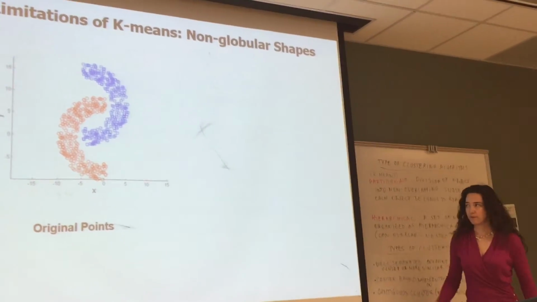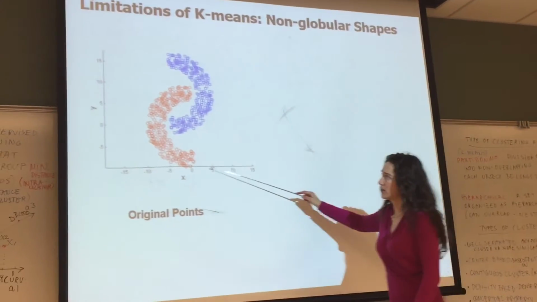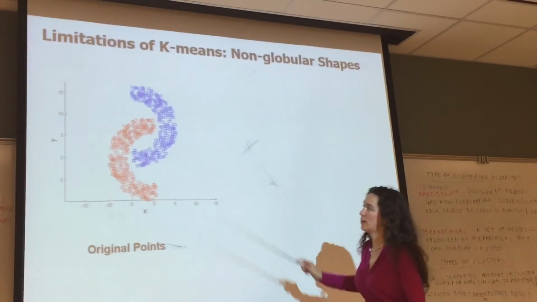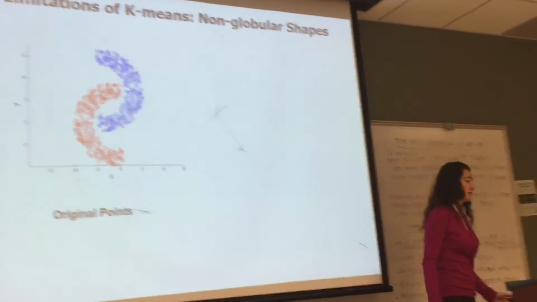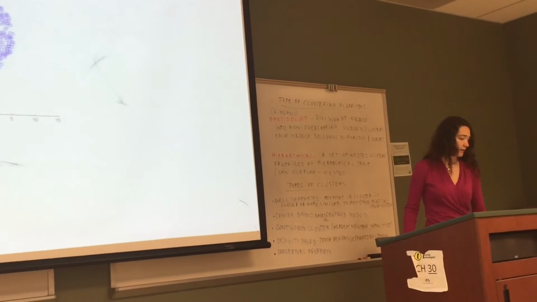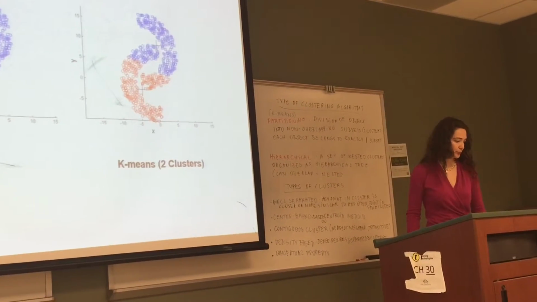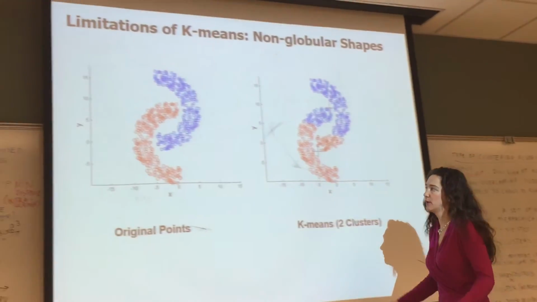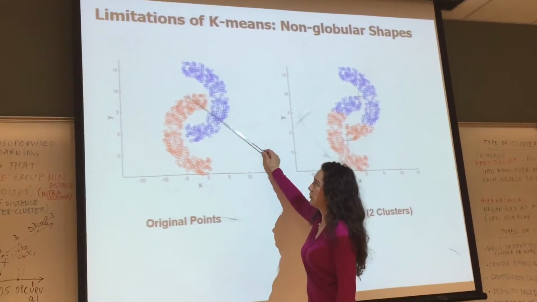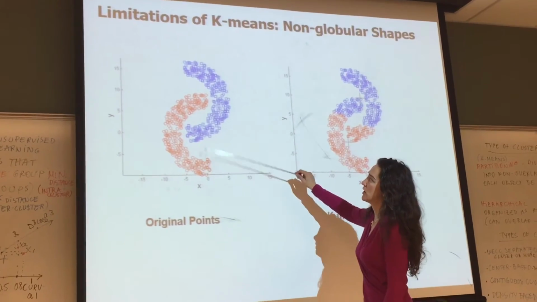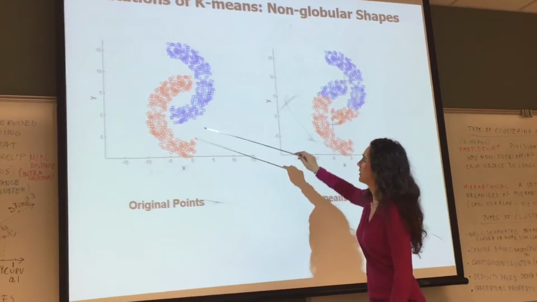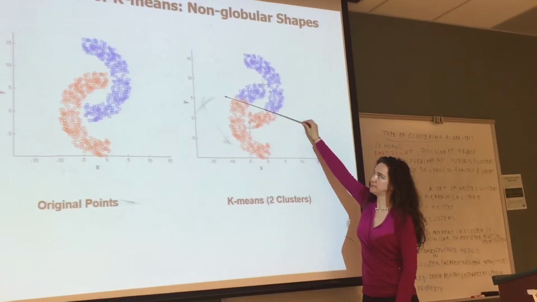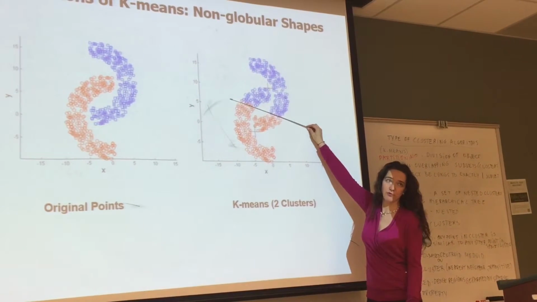Also, if our points look like they're not in a circular shape, this algorithm will have a hard time discovering clusters of that shape. Because let's say conceptually these points are similar to each other and these points are similar to each other. With k-means, it's going to split them like that because it finds round shapes.